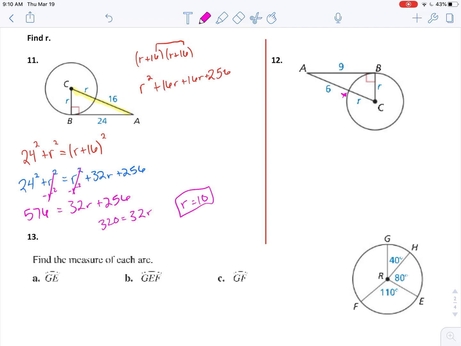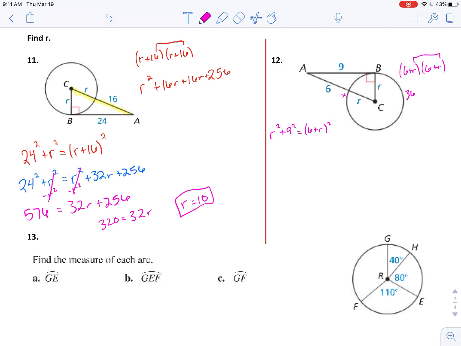So let's check this out. What's my hypotenuse here? It's 6 plus r. So r squared plus 9 squared equals 6 plus r squared. So let's do 6 plus r times 6 plus r. First product, 36.